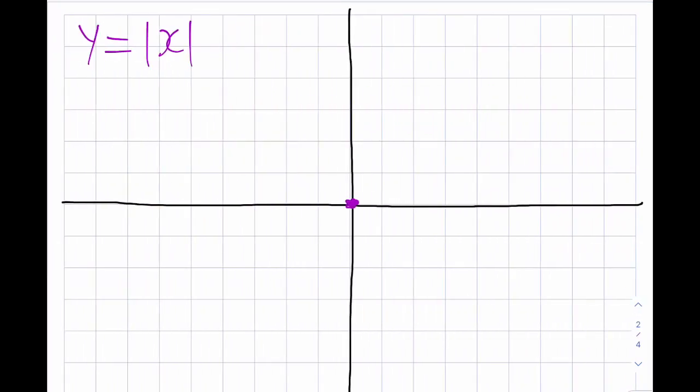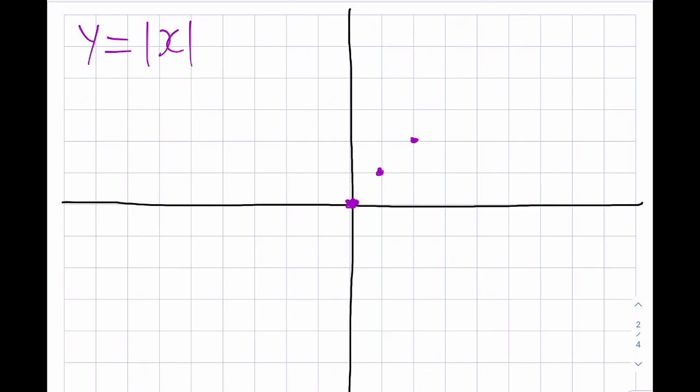Alright guys, now let's understand vertical stretches by using visual graphs. So first let's graph this purple function right here: y equals the absolute value of x. So when x is 0, y is going to be 0. When x is 1, y is going to be 1. When x is 2, y is going to be 2.